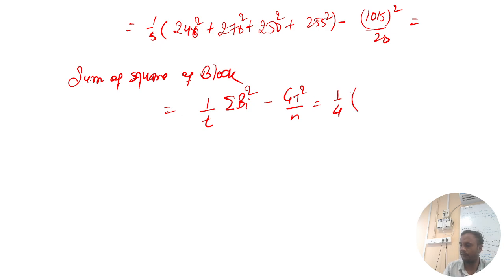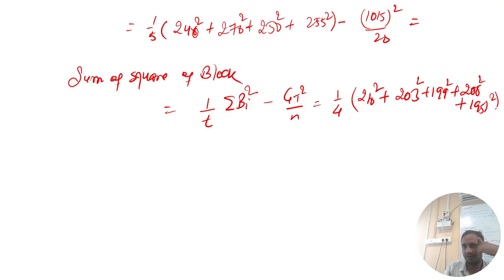We have a total of 5 blocks: 210 plus 203 plus 199 plus 208 plus 195 square, minus 1015 whole square by 20. Some value will come.